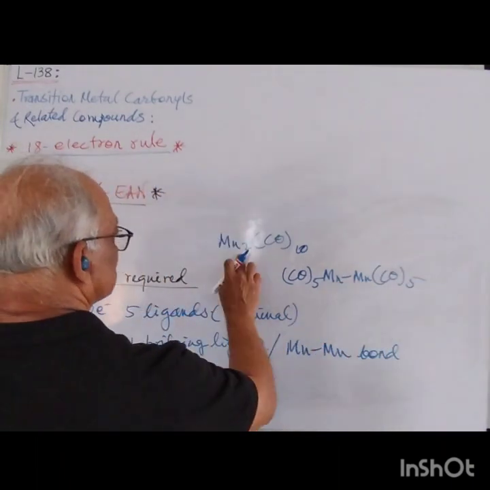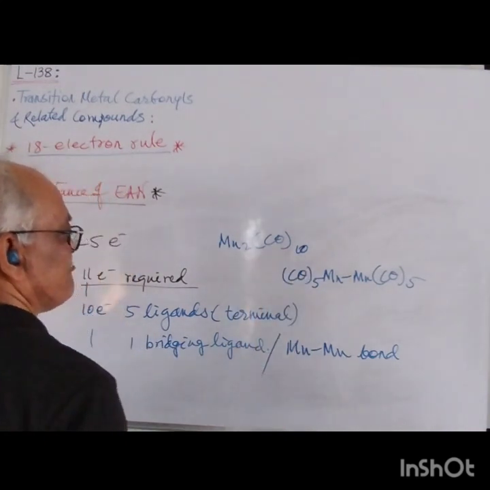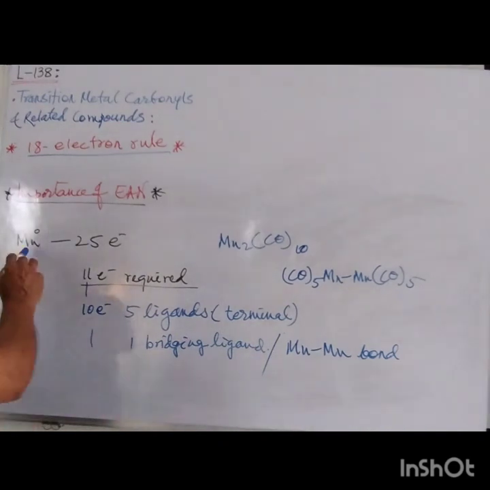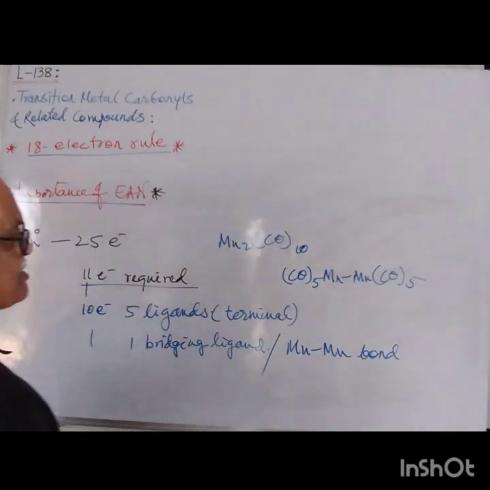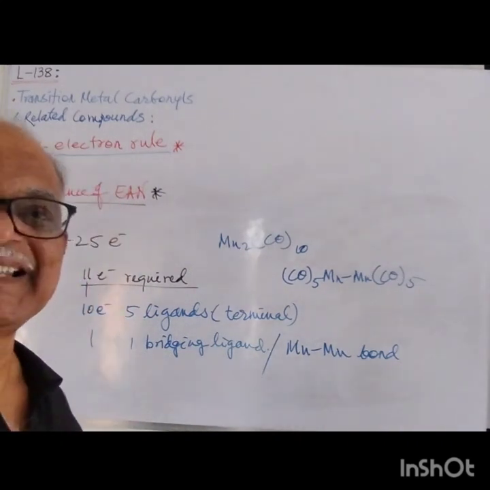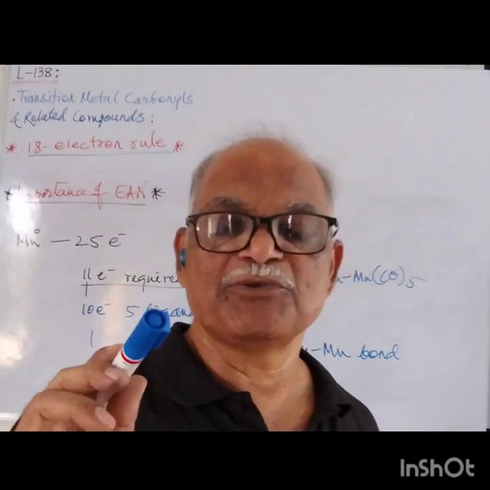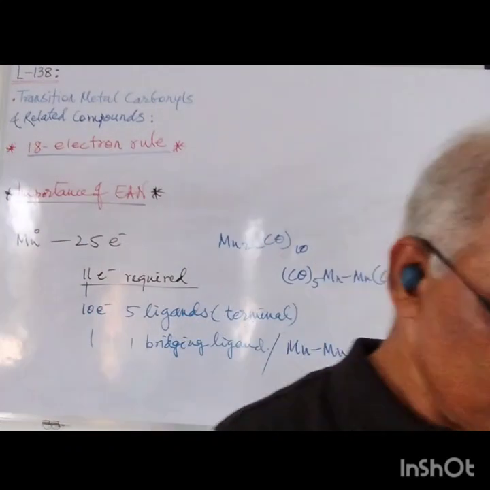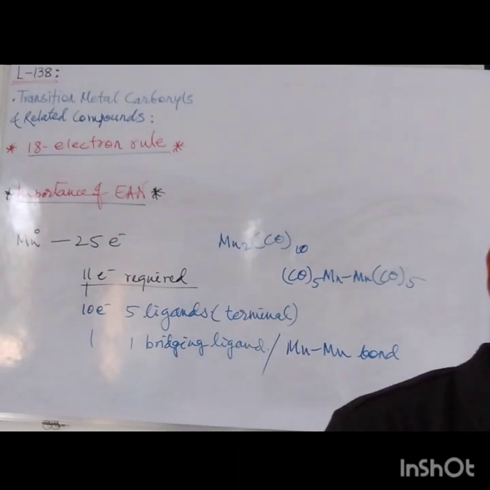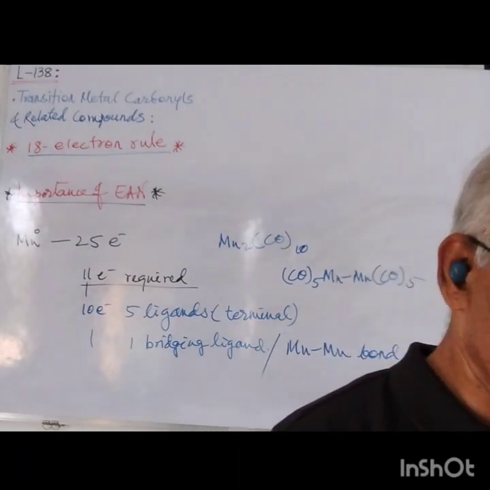So that is Mn2(CO)10. So in this way, this Mn in zero oxidation state will form Mn-Mn bond, that is, it will form a binuclear complex and attain the stability showing next inert gas configuration.